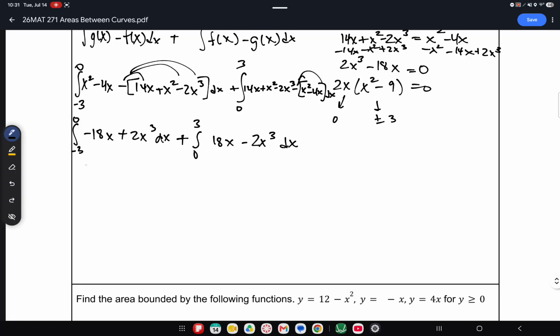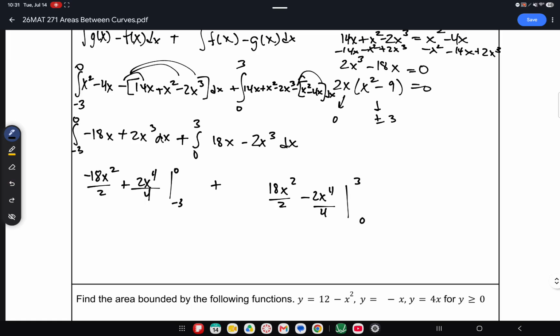And then let's evaluate. So negative 18x squared divided by 2 plus 2x to the 4th over 4. And we'll evaluate that from negative 3 to 0. And then add in 18x squared divided by 2 minus 2x to the 4th over 4, evaluated from 0 to 3. So clean this up a little bit, right?